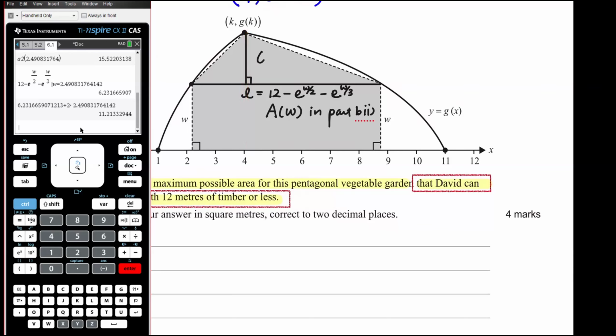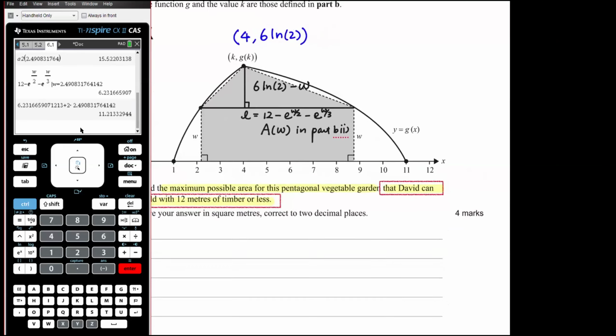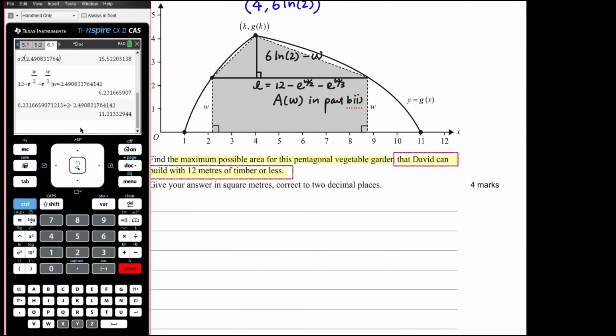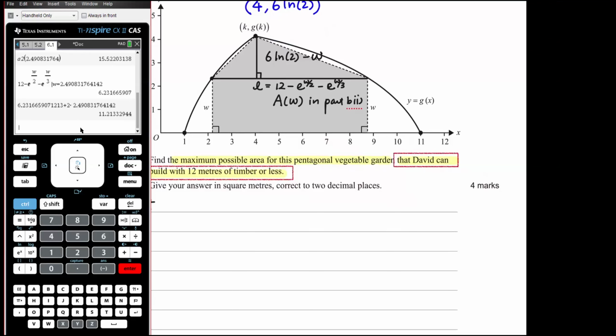So this is 6 natural log 2 minus W. All right, all you need to do is let A3(W) equal A(W) plus half base times height.